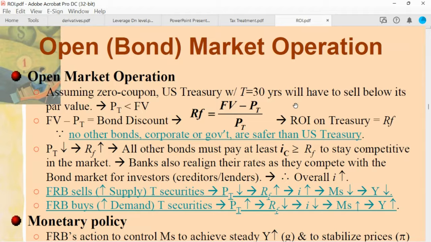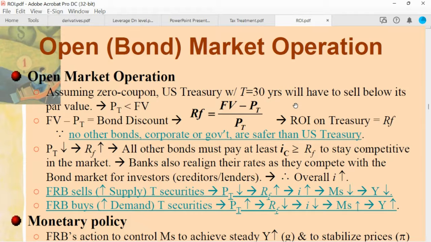If you deposit $1 million in the bank, this 1 million can be loaned out to a borrower with an excellent credit score, who will be charged something like 3.25 or 3.5%.